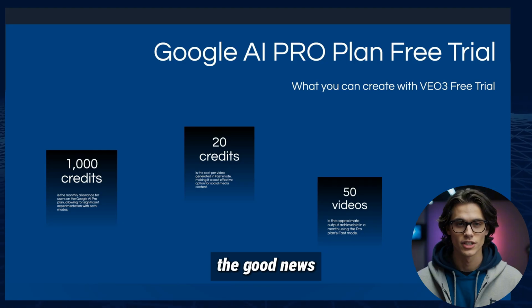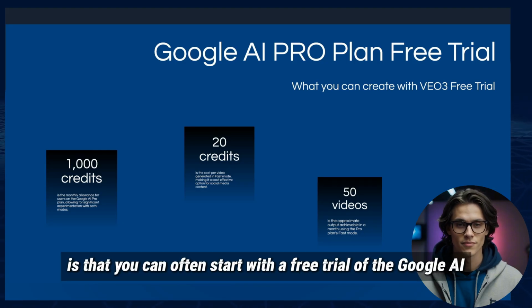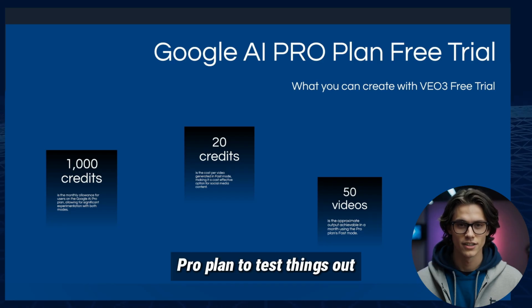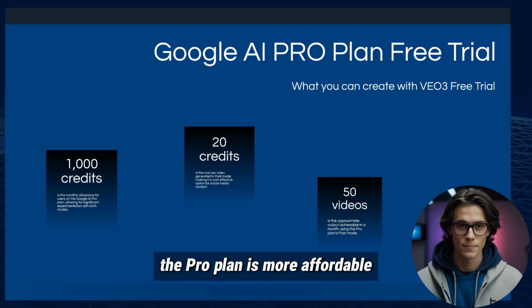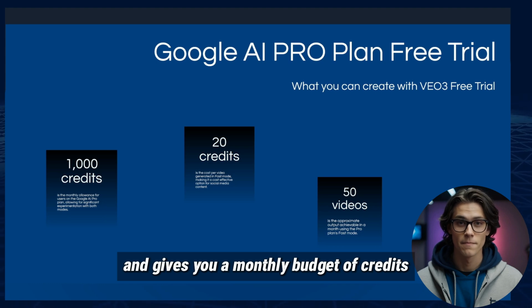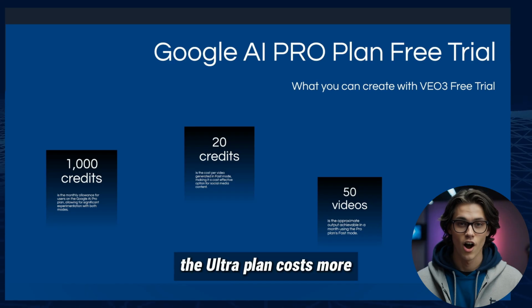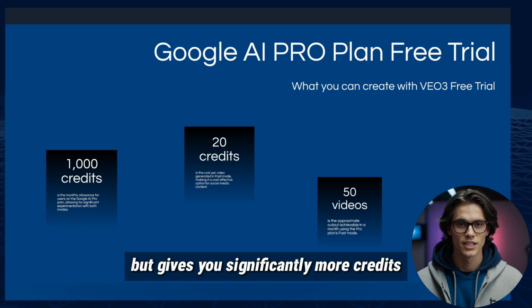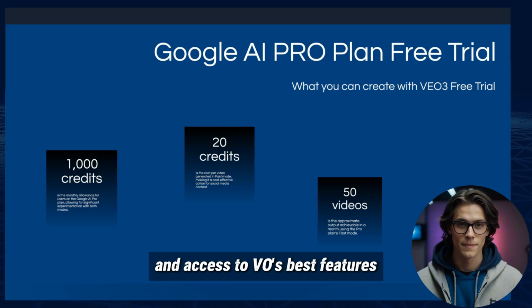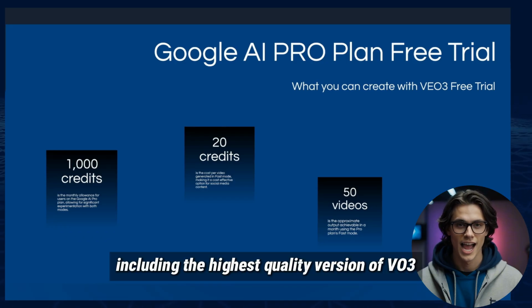The good news is that you can often start with a free trial of the Google AI Pro plan to test things out. The Pro plan is more affordable and gives you a monthly budget of credits, perfect for experimenting. The Ultra plan costs more, but gives you significantly more credits and access to Veo's best features, including the highest quality version of Veo 3.